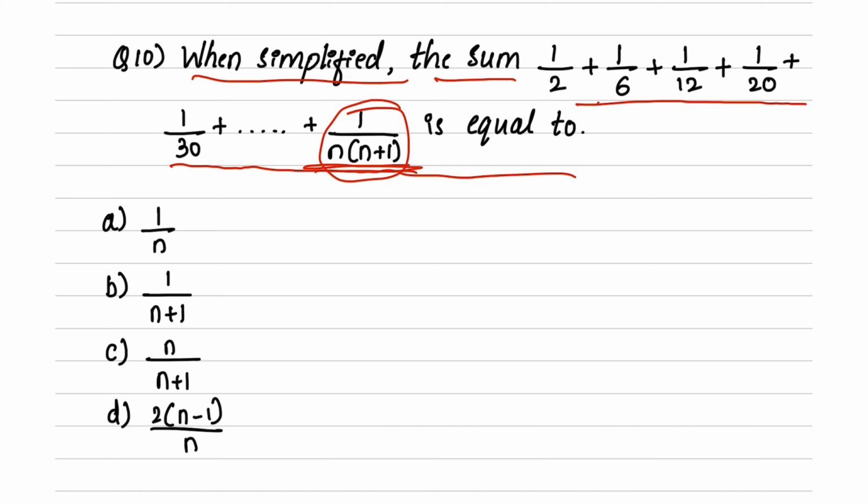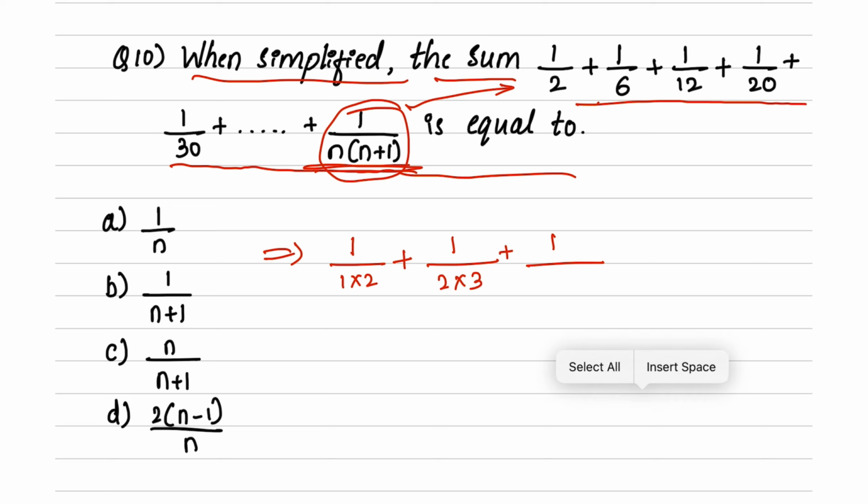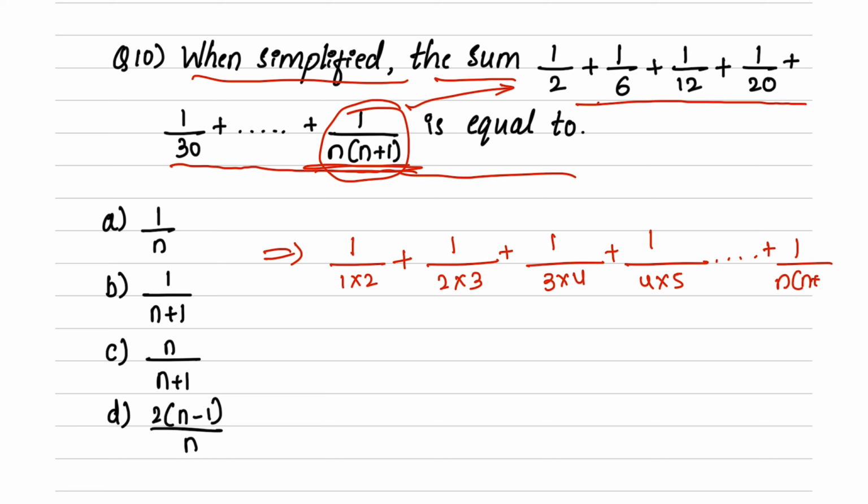Like this only we can write all these terms. 1 by 2 we can write as 1 by 1 into 2, plus 1 by 6 we can write as 2 into 3, plus 1 by 12 as 3 into 4, plus 1 by 20 as 1 by 4 into 5, like that till 1 by n into n plus 1.